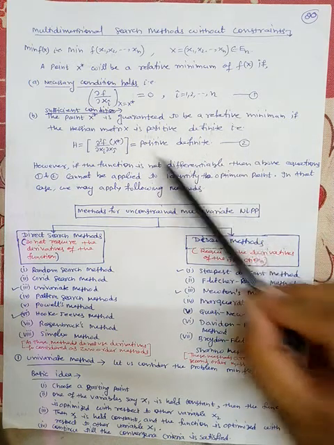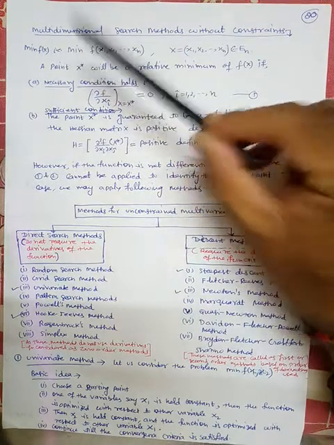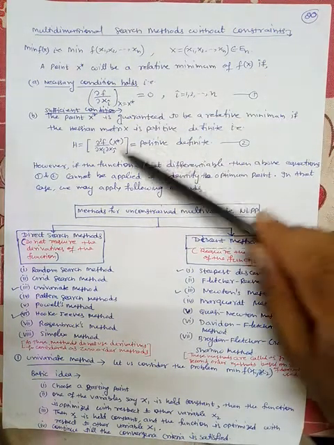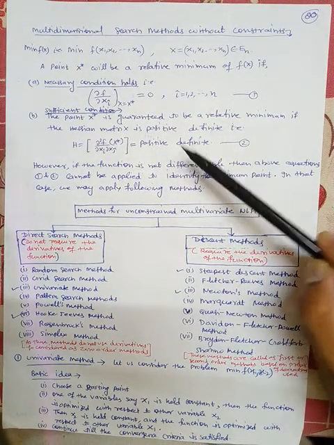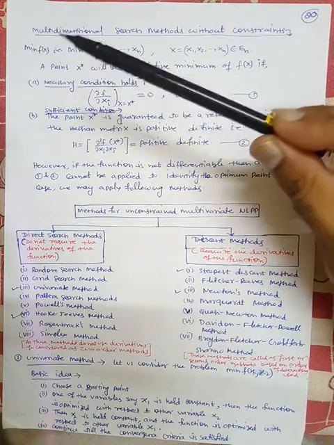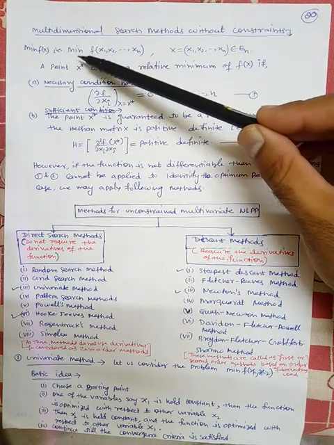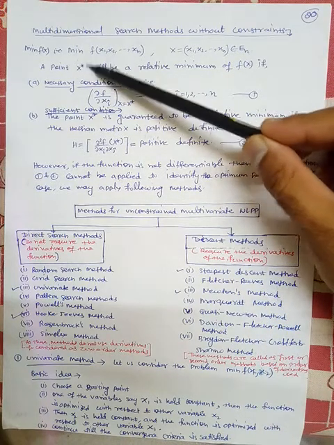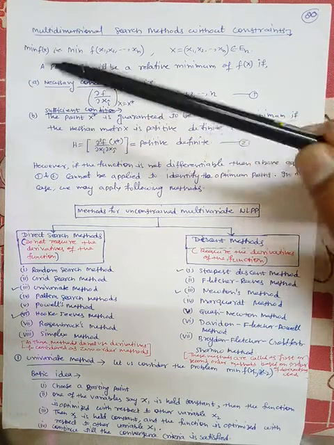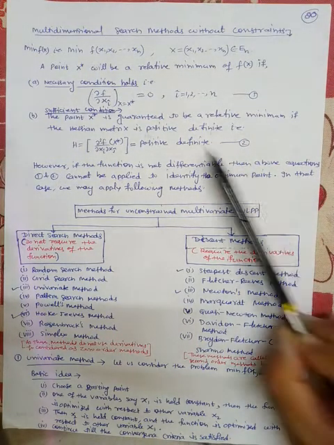If this matrix is positive definite, because this problem is minimization, then this will guarantee that the obtained solution is the optimum. If this is not positive definite, then this will not be an optimum solution of the given problem. This is equation number 2.